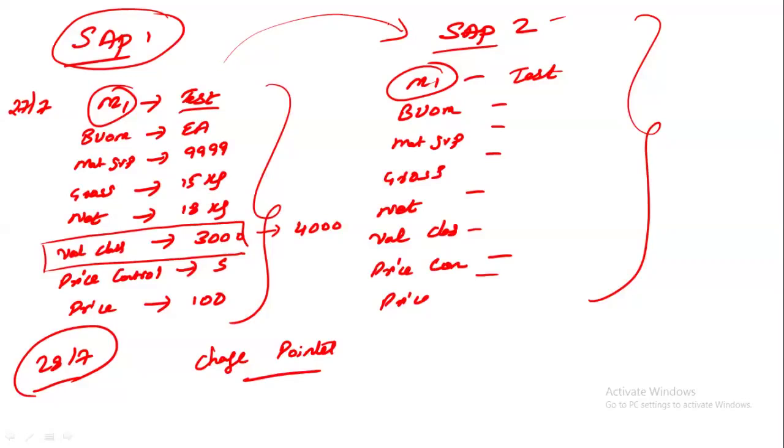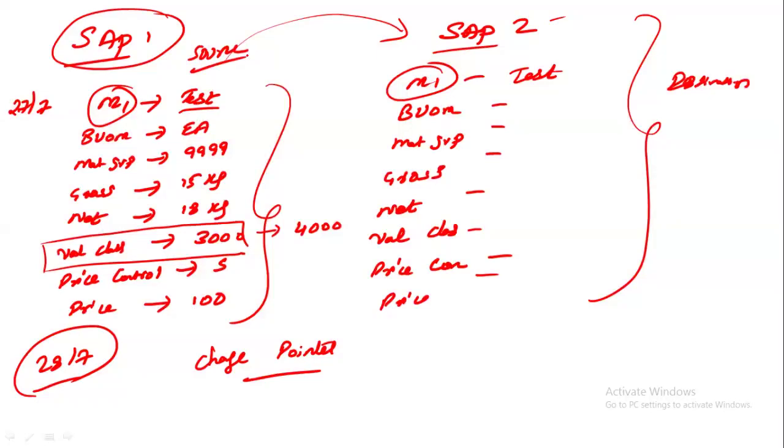If the material exists, then it should check what the changes in this material are and do only that change in the destination system. Okay, so this is the change pointer.